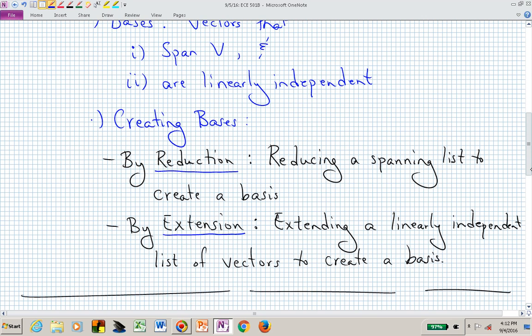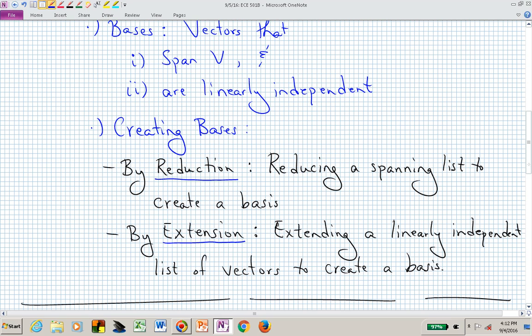And we'll get into that a little bit more as far as what that means, but now you can sort of think of these vectors as allowing you to get to any location in that vector space, and you can do it by a unique linear combination of those basis vectors.